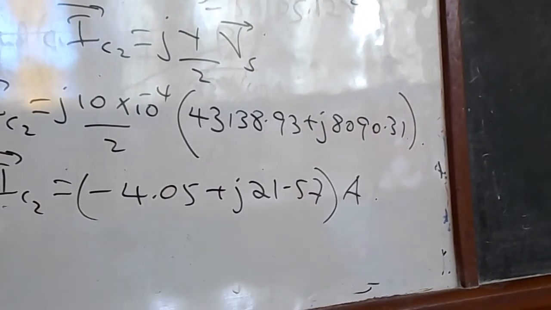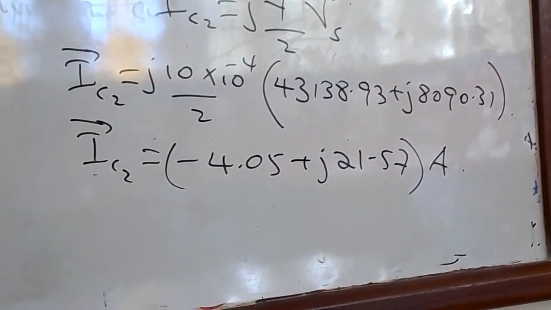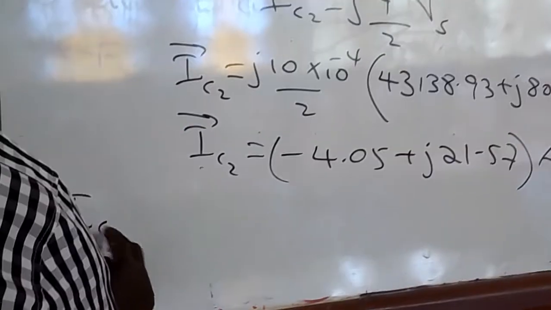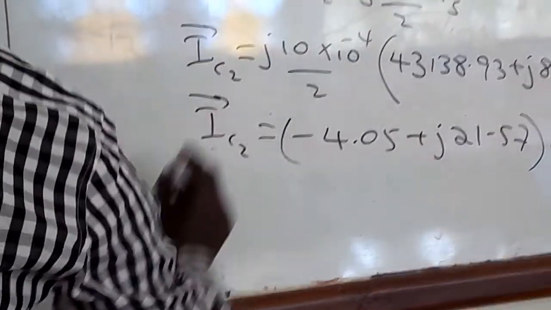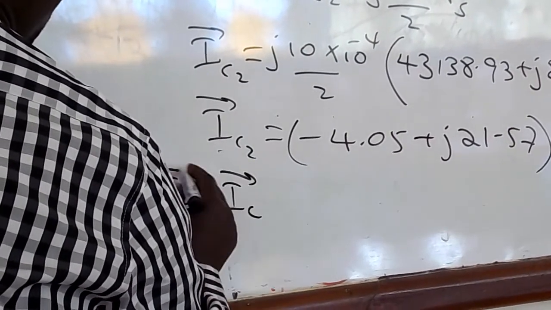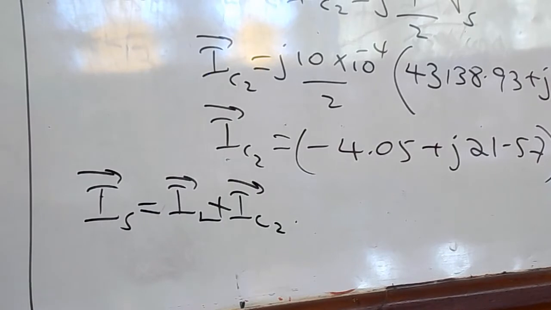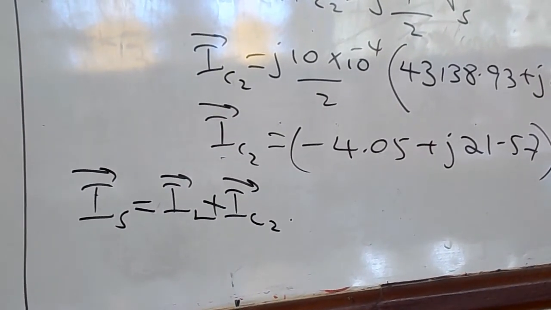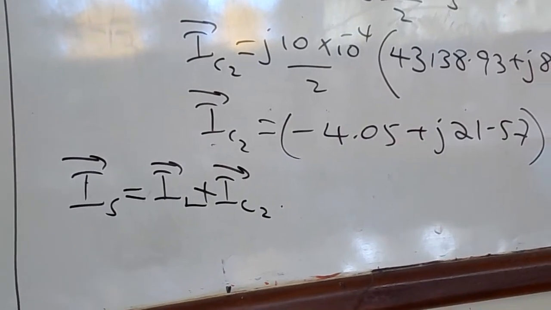So that current is leading. And you can see that the sending end current, IS, is now equal to IL plus IC2. So we already have those values.